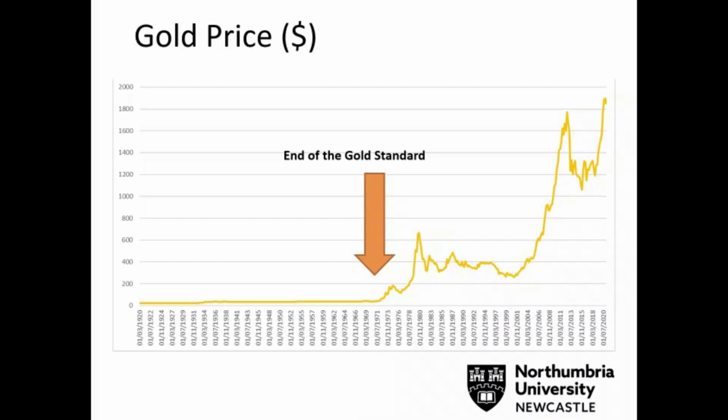And nowadays, the determinant of the gold price is via supply and demand. Supply obviously being a certain amount, and demand because it is a good store of wealth and people can see it, people can hold it. Therefore, in bad times, gold tends to perform better because of this store of wealth and the fact it is a limited supply and it is something you can hold and touch.